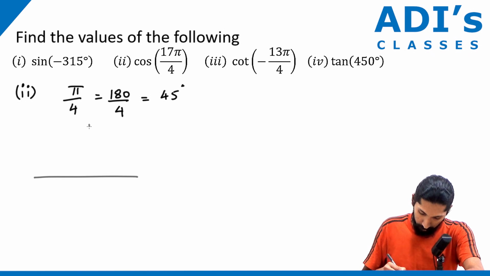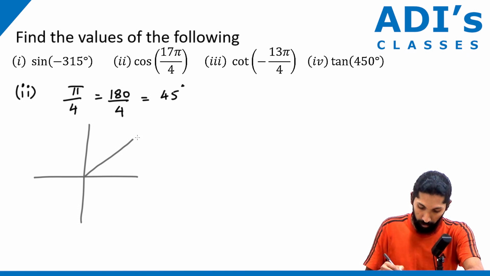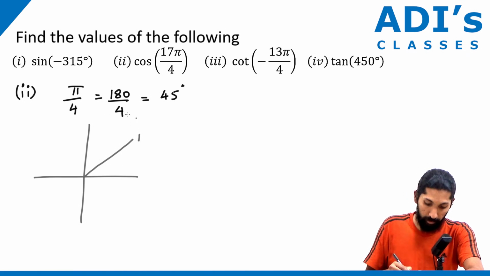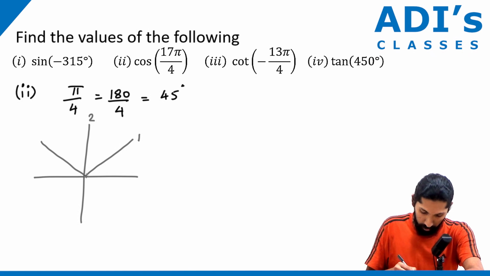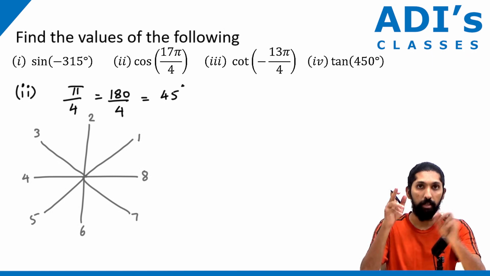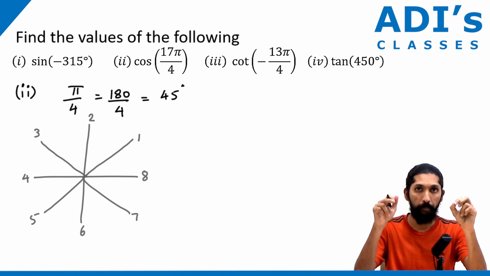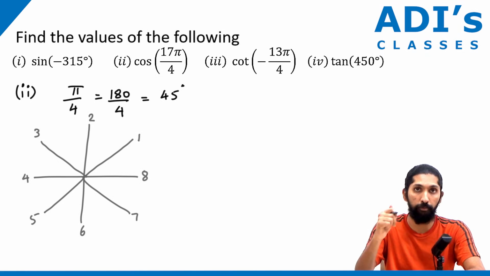This is 45 degree, so this is 1 times 45. 90 degree will be 2 times 45. This is 3, 4, 5, 6, 7, 8. That means 360 degree is 8 times 45, or 8 pi by 4.